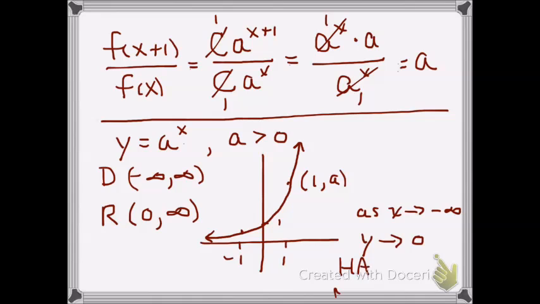In this case, it is the x-axis, which is the line y equal to 0. The graph is continuous and smooth. It is a one-to-one function. In other words, it passes the horizontal line test, and so it will have an inverse function, which in fact will be the log function.